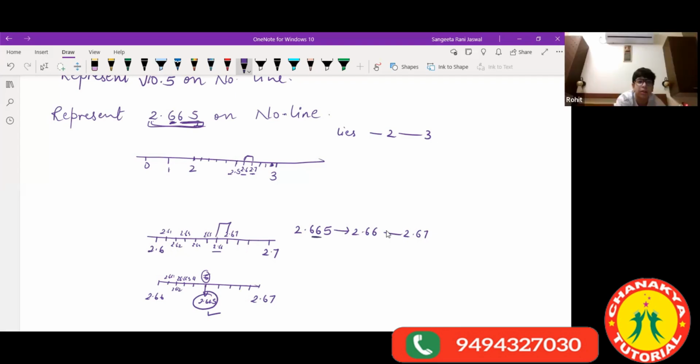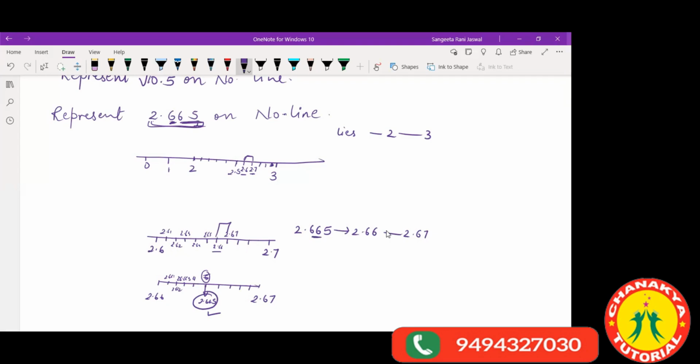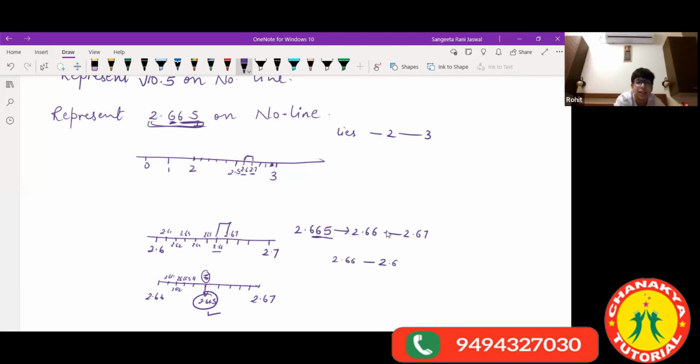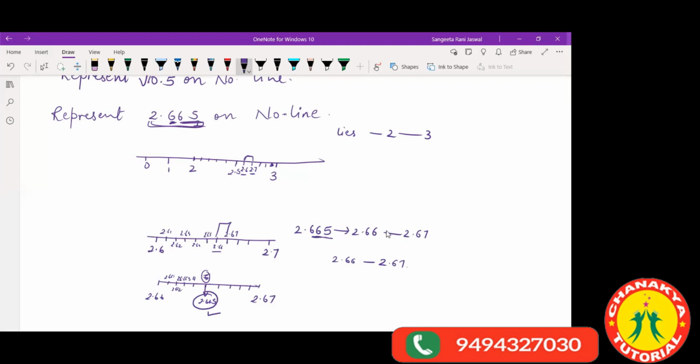The next number is 2.67. That means this number, which is 2.665, lies between 2.66 and 2.67.